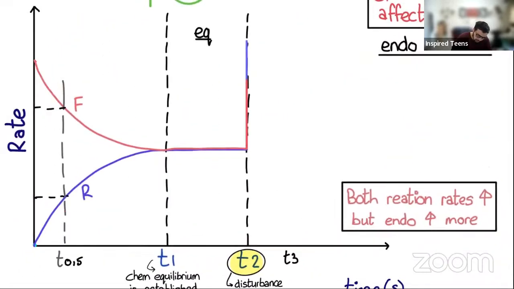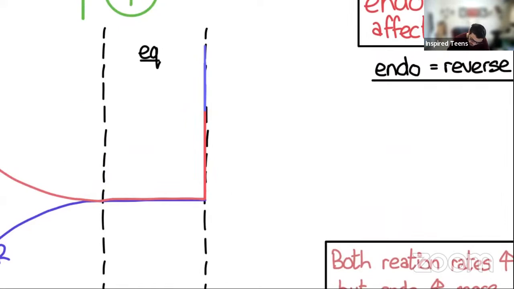And that's what we see here. The purple one is the reverse and it increases more. And then both reaction rates, whichever one is higher, would decrease to form equilibrium, and whichever one is lower would increase to form equilibrium.